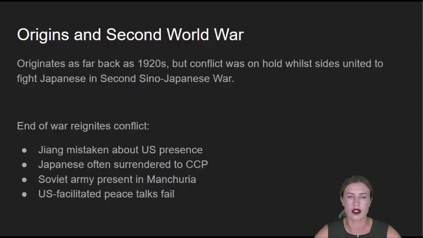So he thought after the war concluded there would be a huge surplus of US soldiers who had been supporting the final defeat of Japan, based in China. So he thought that there would be a large US presence after the war to help him squash any communist resistance that remained. However, that wasn't what happened.